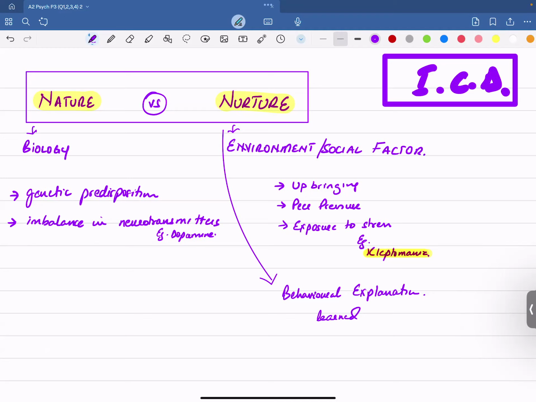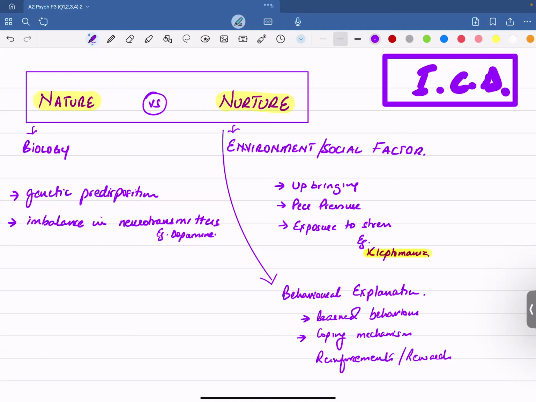So this could be an example of a learned behavior. This could probably be an example of a coping mechanism that you're using. Or it could be explained through reinforcement mechanisms or rewarding mechanisms.